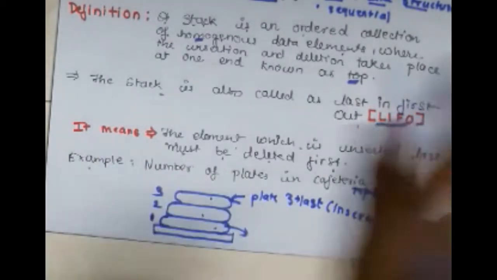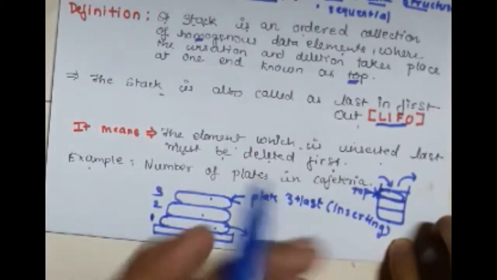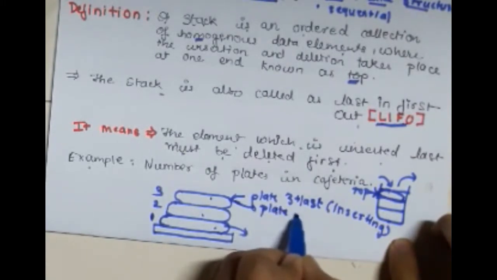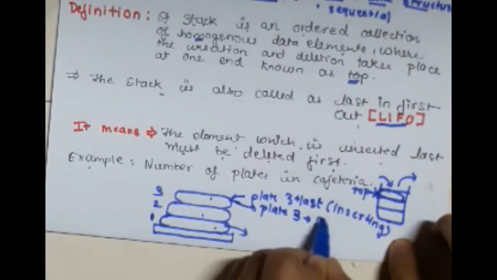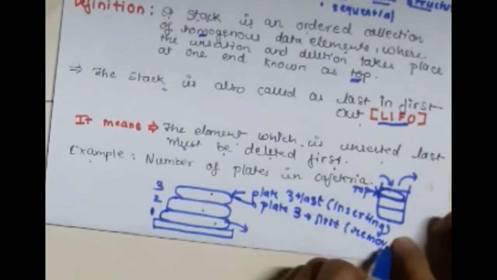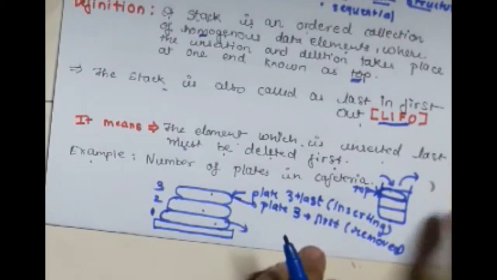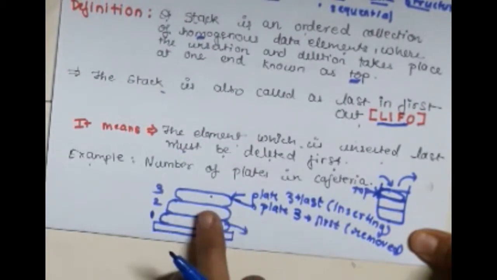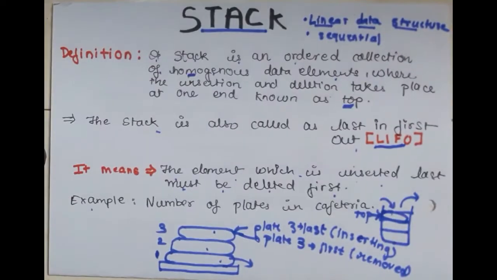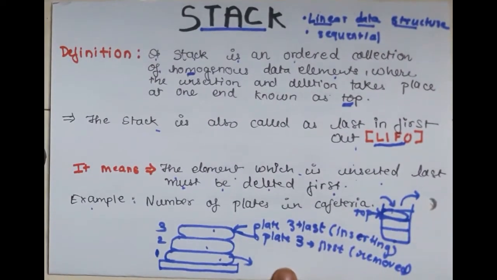Now, while removing, plate 3 is the first plate. So we can write here plate 3 first removed. So plate 3 is first removed and then plate 2 and finally plate 1. So this is the meaning of last in, first out, and stack follows this principle.